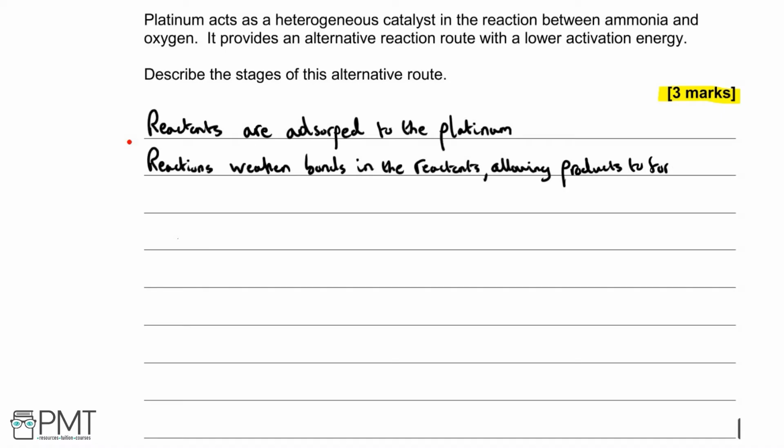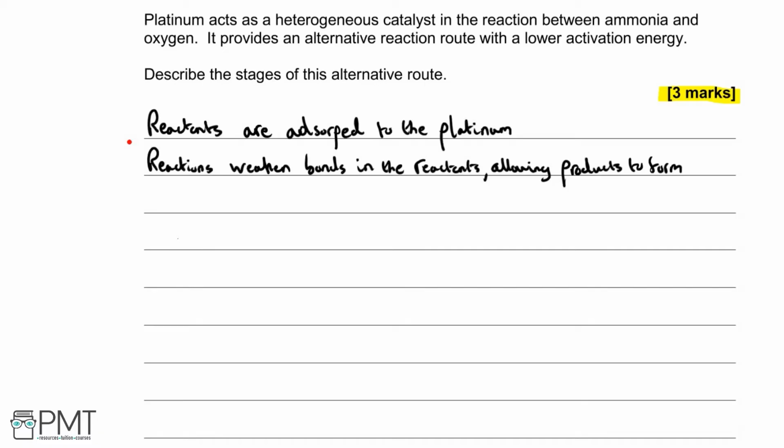So this is what catalyzes the reaction. By providing other reactions, giving it this alternative route, it weakens the bonds in the reactant, so less energy is required to break those and start forming the products. However, now the reaction has occurred, and we have the products, but they are still currently attached to that platinum catalyst.